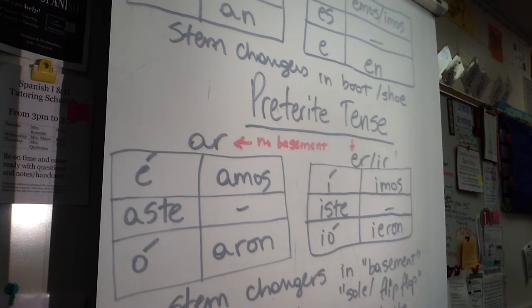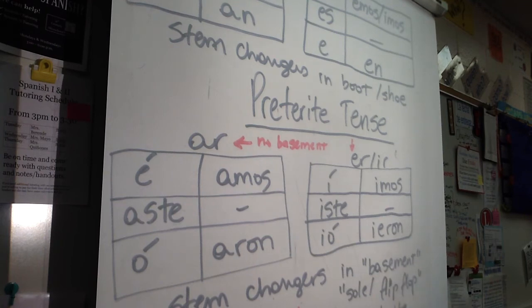Questions so far? Okay, let's practice a few. And again, for right now, we're focusing on just the preterite tense, just for IR verbs. Okay. So the verb freír. The verb freír has an extra accent. What does that mean?